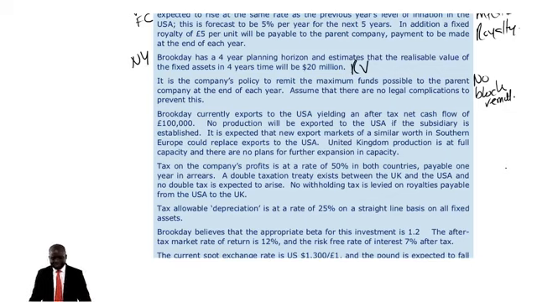It is expected that a new export market of similar wealth in Southern Europe could replace export to the US. So that 100, I can now divert it into Southern Europe. So whether I do the US project or not, that 100,000 will still be received. If I don't do the US project, I will export the 100,000 to US. If I do the US project, now I will export it to Southern Europe.